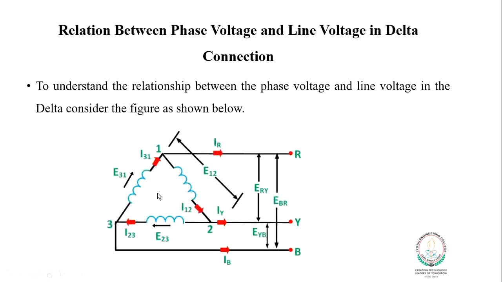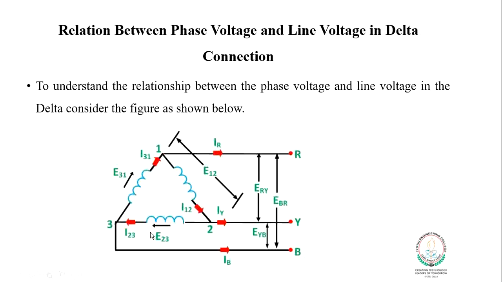Now, what is phase voltage? Phase voltage is the voltage in a winding. If we take the first winding, it is connected between terminals 1 and 2. So the voltage across terminals 1 and 2, which is represented as E12, is the phase voltage.